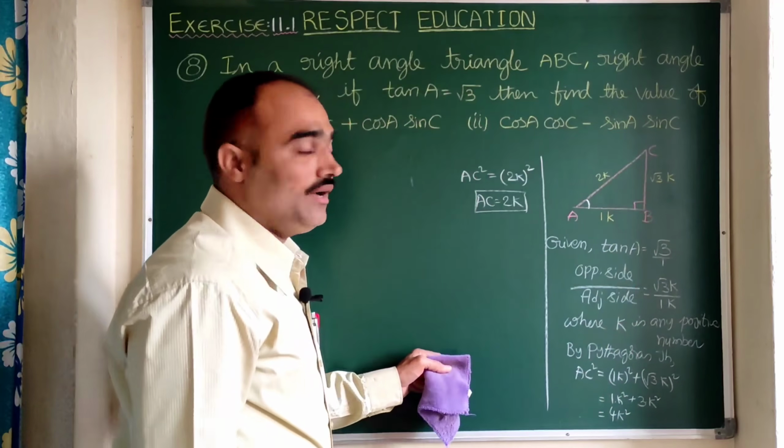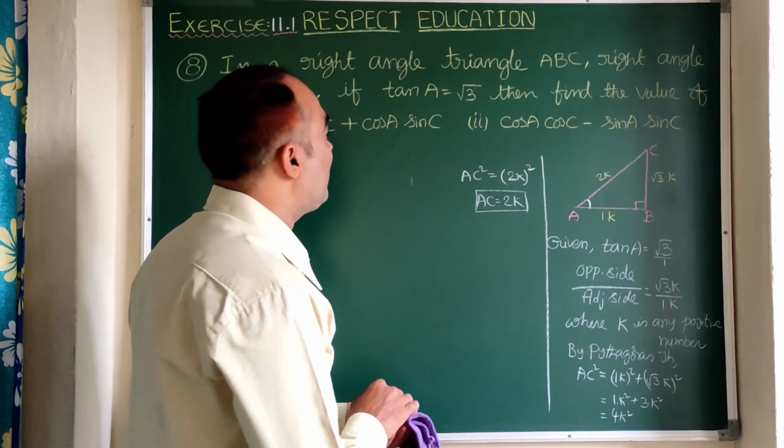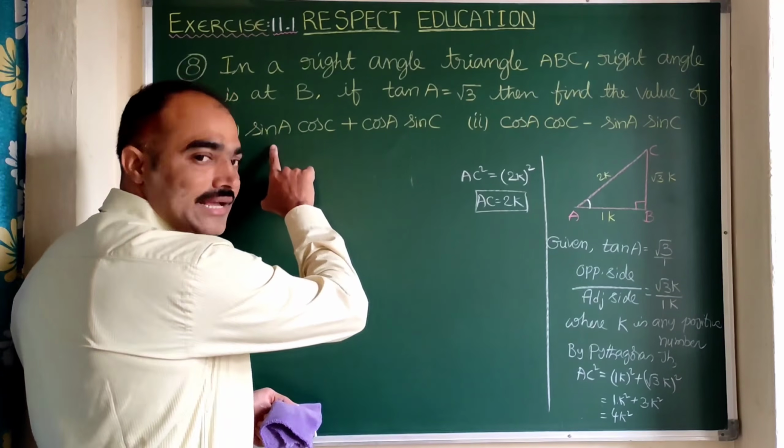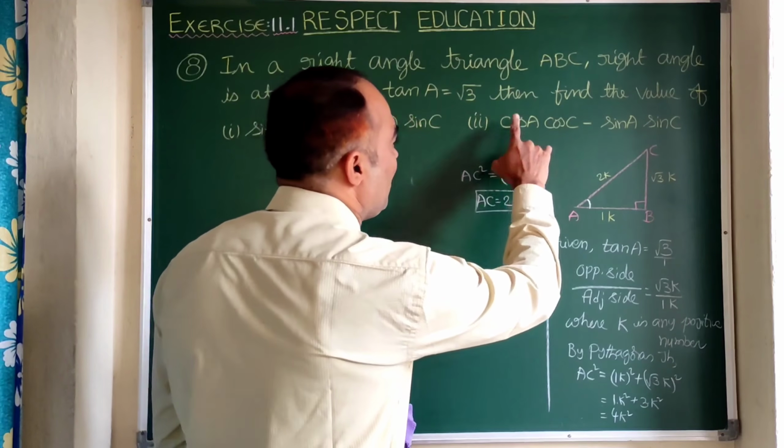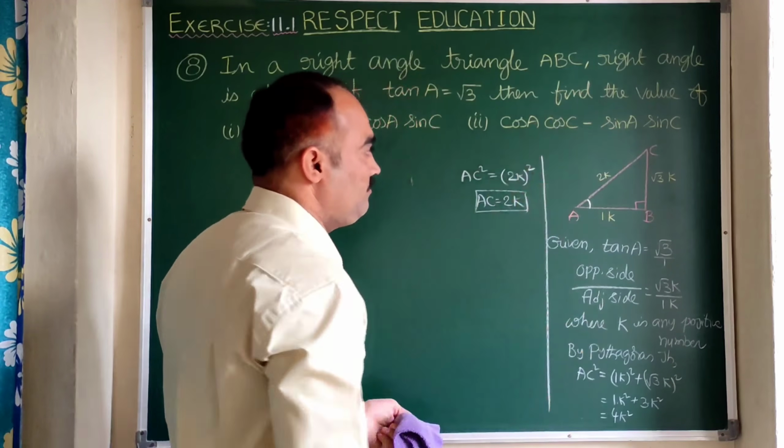Now you need to understand what the required values are: sin A cos C plus cos A sin C, and in the same way cos A cos C minus.